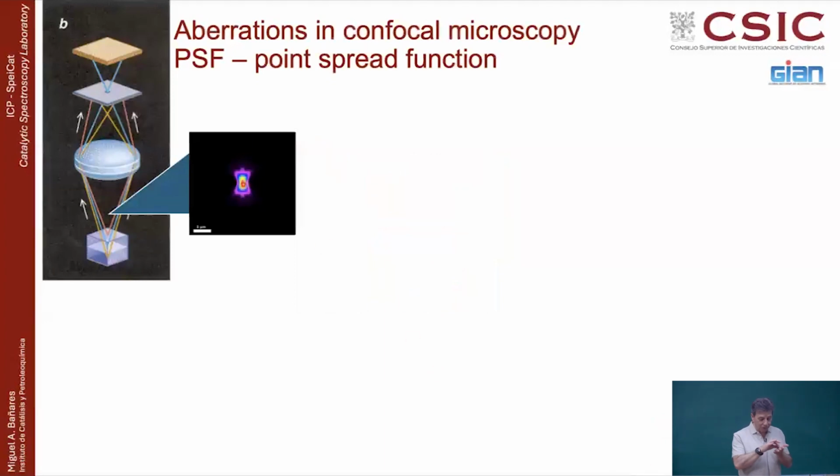When you are very close to the surface and you make focus here, this is okay, but this is the surface. And then you want to look inside, inside, and inside, okay. But when you look inside, your point, which was like this, now is like this. You go more inside and it's like this, more inside is like this. So you think that you're looking at 1 micron, and maybe down here you're looking at 10 microns.